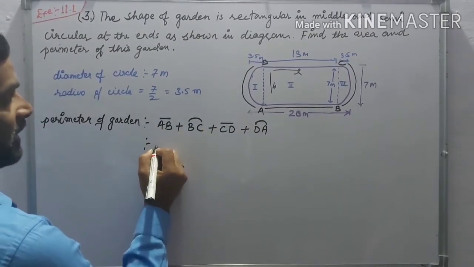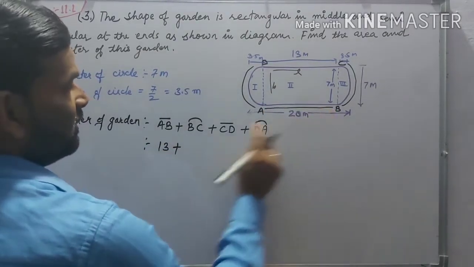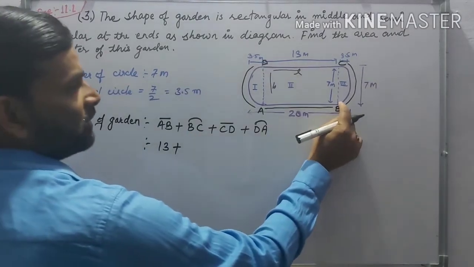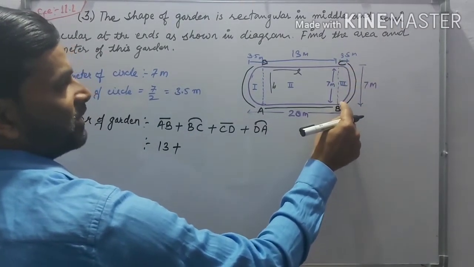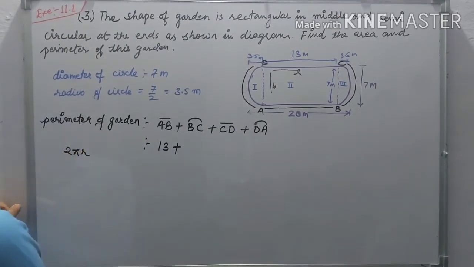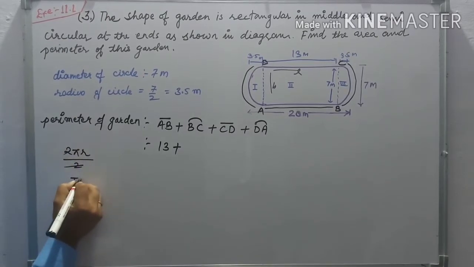Now first the length is 13, then BC is a curve. BC's curve means you run on the circle, so the perimeter means circumference. The circumference of a circle is 2 pi r, and a semicircle is half of that, so only pi r.